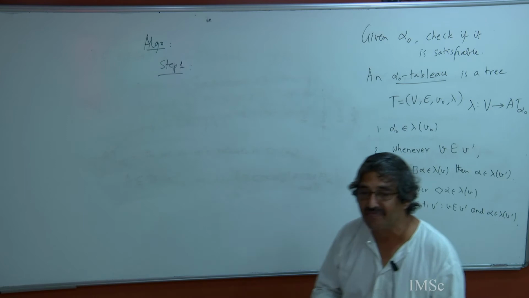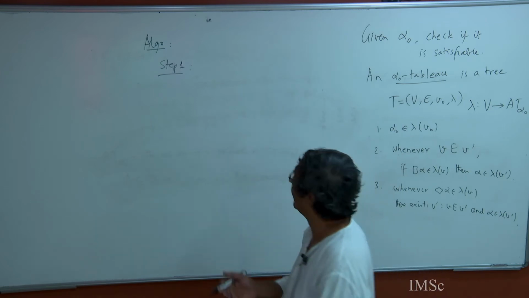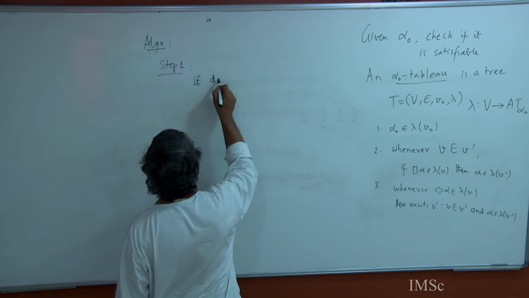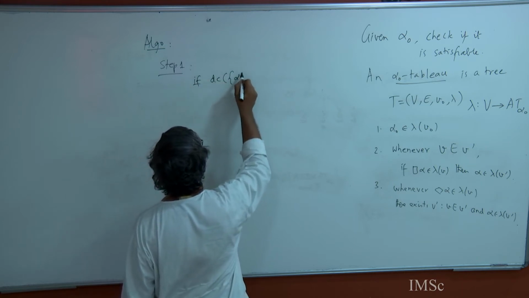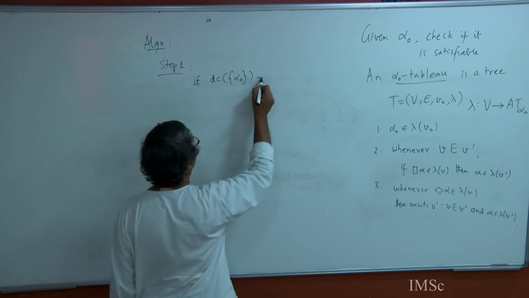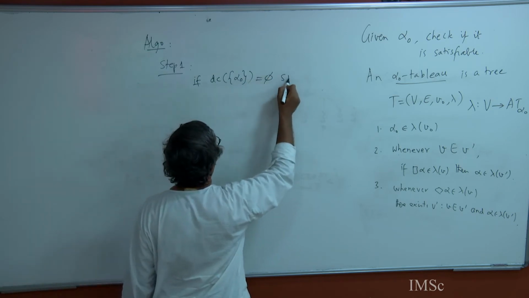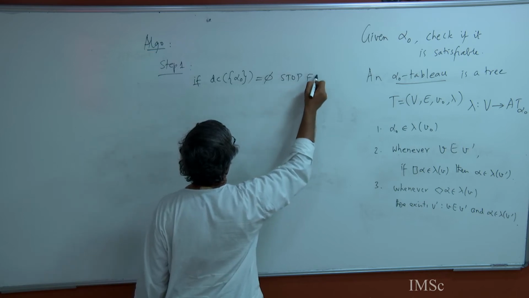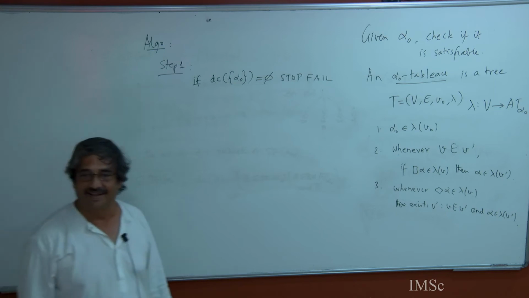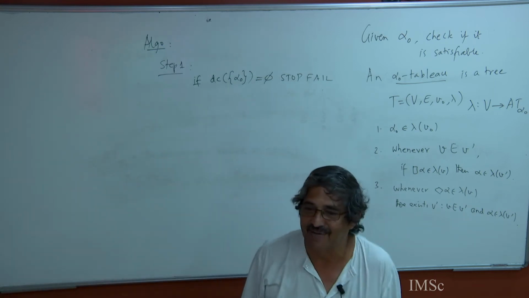You start with the given formula alpha naught, right? Consider the downclosure of the singleton set. If it is empty, stop, fail. I start with something like P and not P, right?